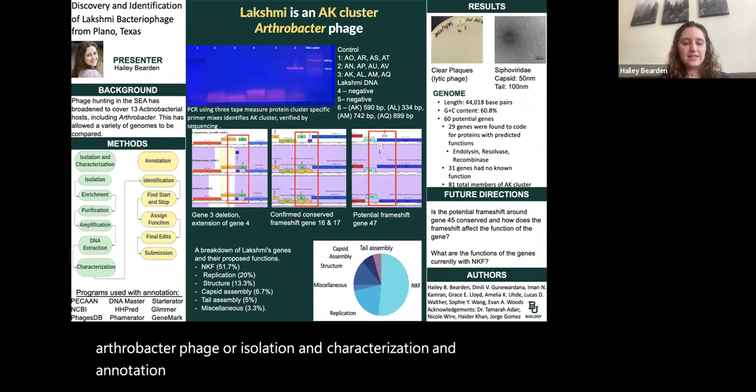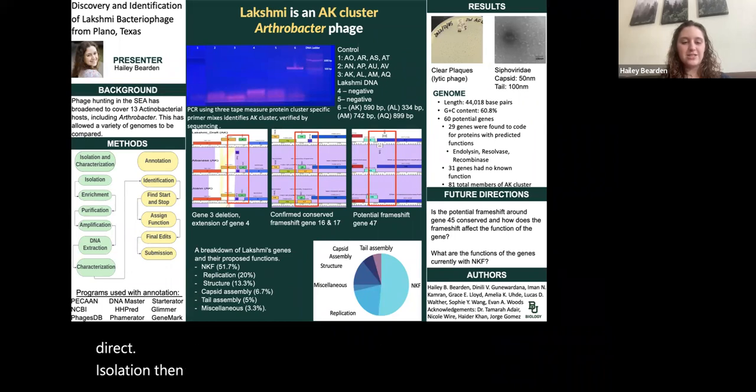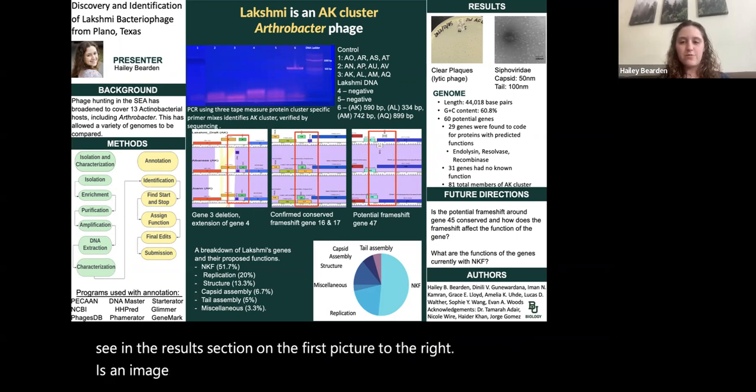First, let's start with isolation and characterization. We began by isolating this bacteriophage from soil with a direct isolation. Then we enriched the sample and purified it. As you can see in the results section, the first picture to the right is an image of the plaque morphology, which are clear lytic plaques.